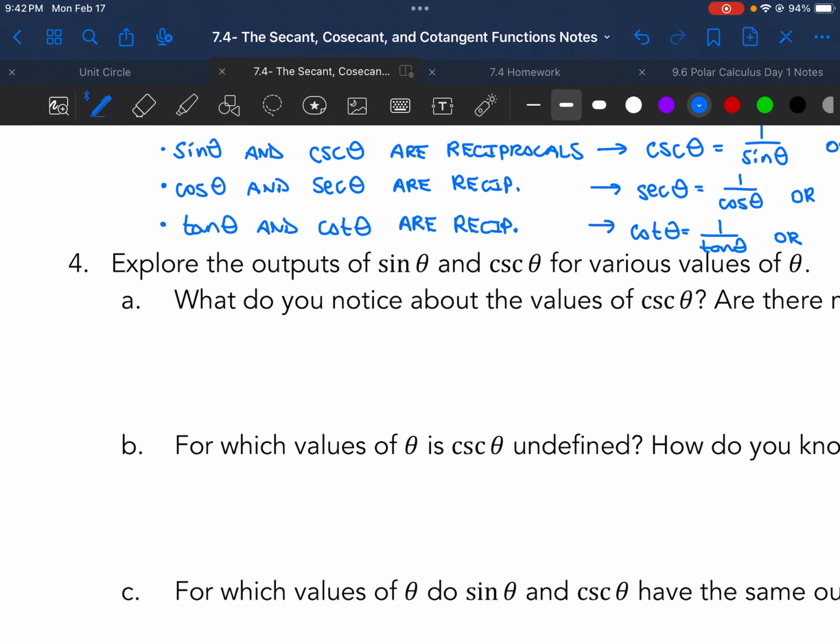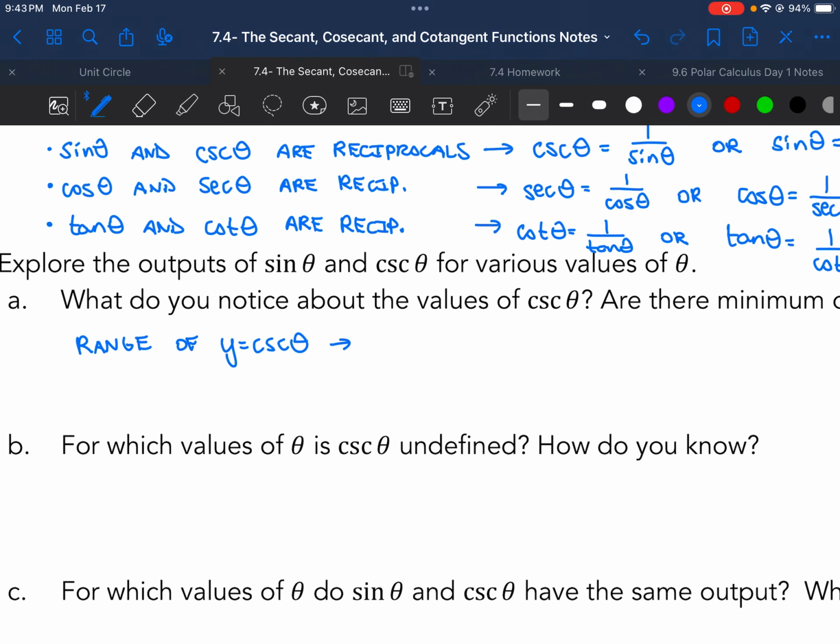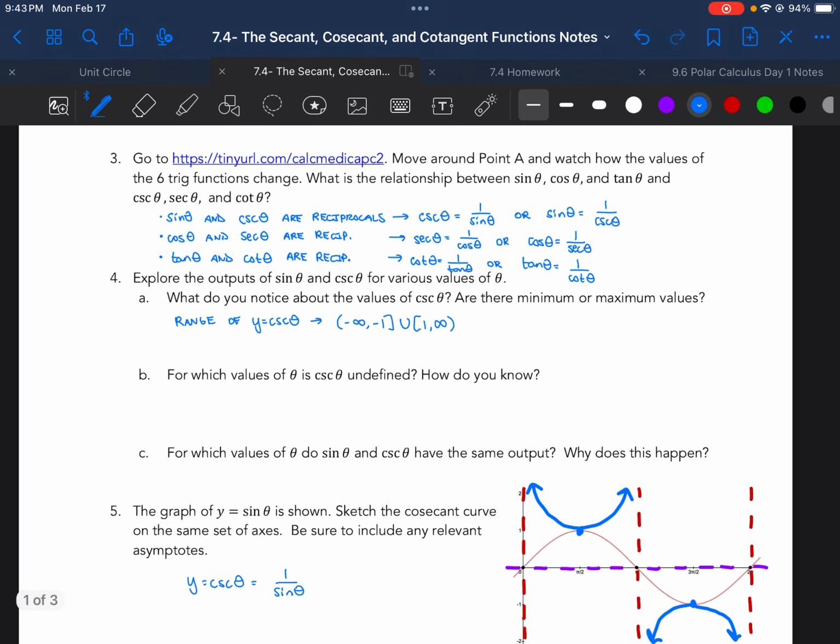So the range of cosecant, all the output values, are from -infinity to -1 and then +1 to infinity.